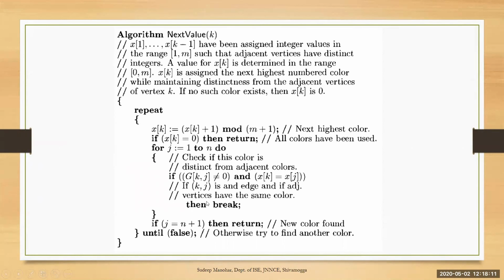There are two cases. Either the for loop can break in between, or the for loop can end. If the for loop ends successfully, it means there is no adjacent vertex having the same color, and that is why you can tell that a new color has been found. That color whatever you have chosen is found, and you will return that color.